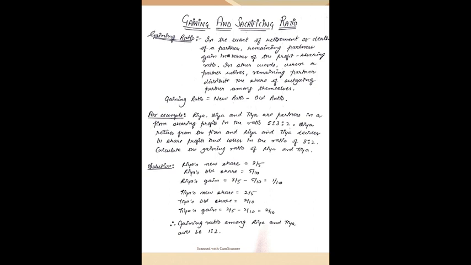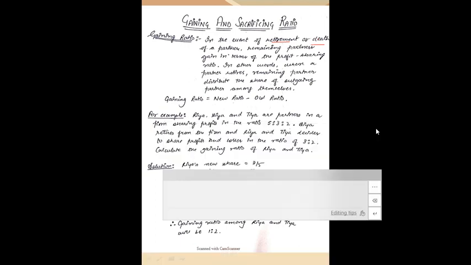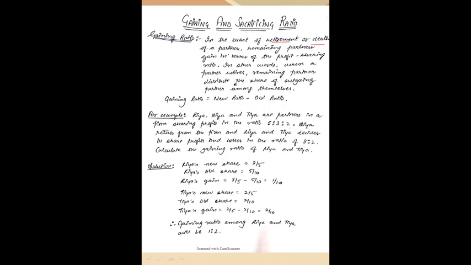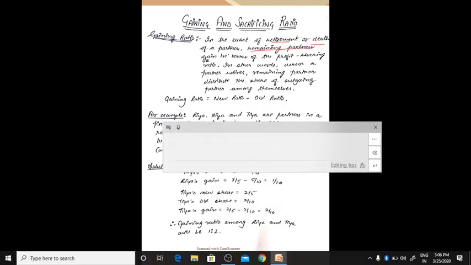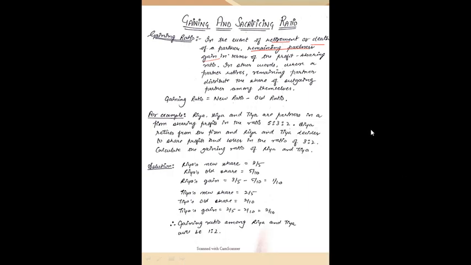Let us now read what has been written on this paper. See, it says in the event of retirement or death or any dispute, the partner leaves the organization, due to which the remaining partners will gain, right? Remaining partners would gain because the existing partner would leave the organization in terms of profit sharing ratio.